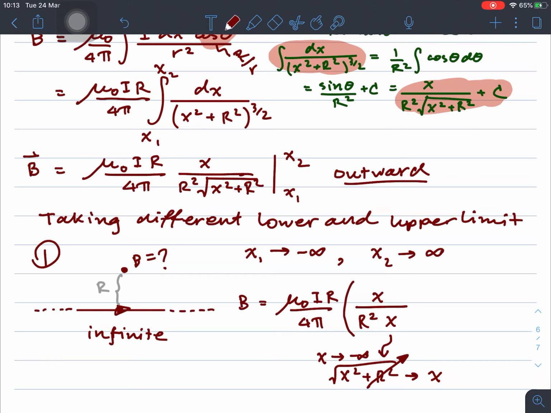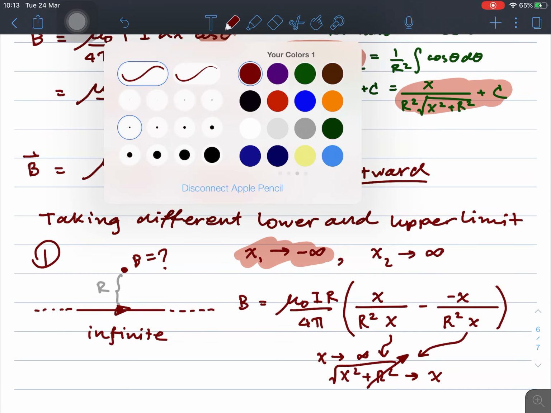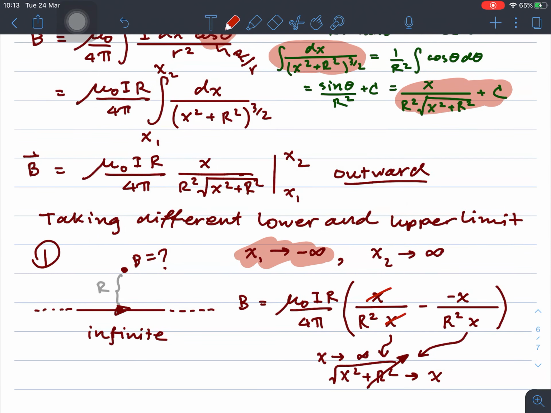For the lower limit, minus infinity, this is minus x divided by r squared and x. Using the same approach, the square root of x squared plus r squared is x, and I'll just cancel all the x out.